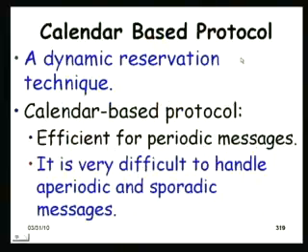Right, yeah. So, but what about the problems with this protocol? I mean, I said that it gets used for very simple applications. So, what do you think? Only for periodic traffic.